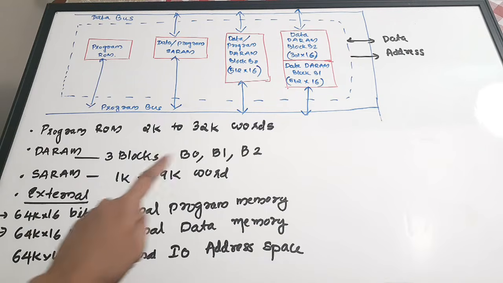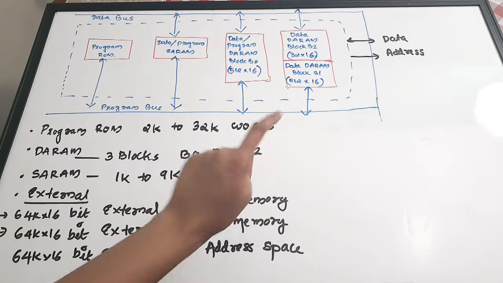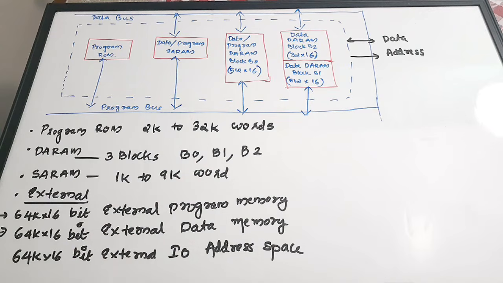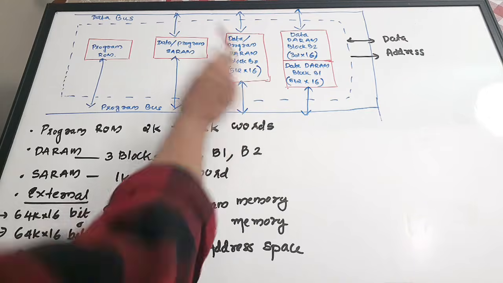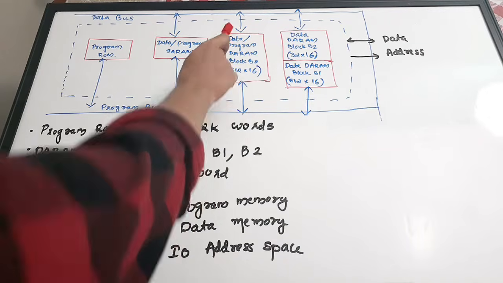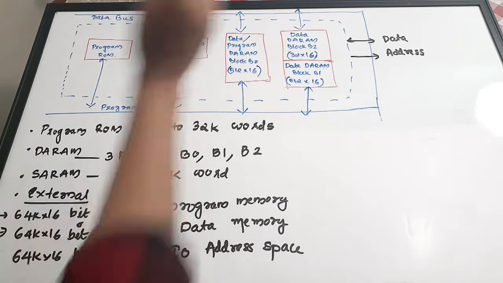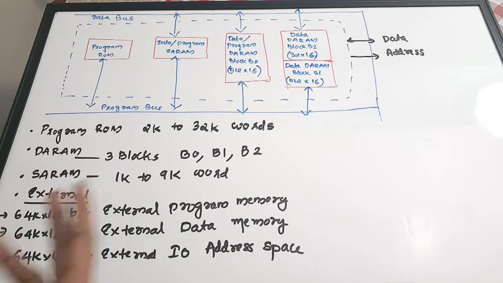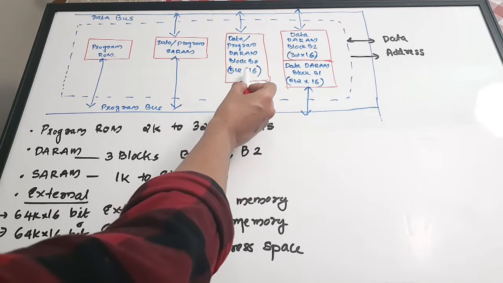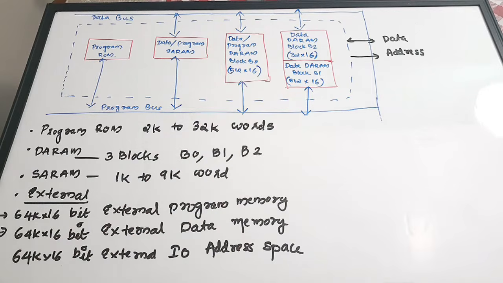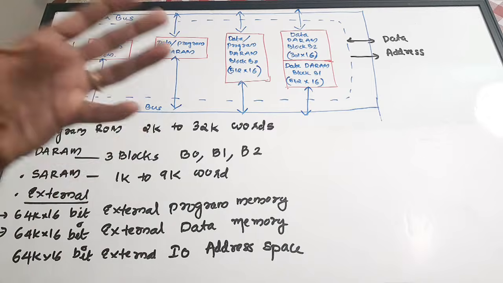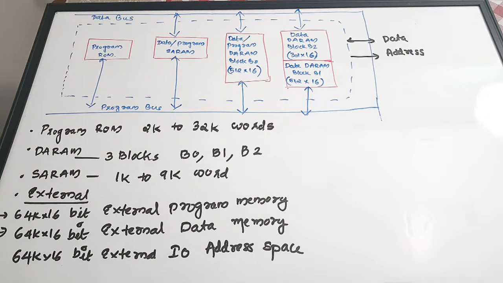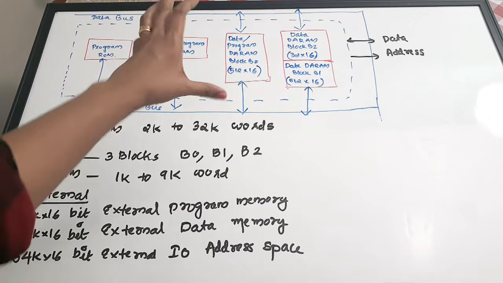First let us discuss block 0. Block 0 is data/program DRAM, which means it can store either data or program. The size is 512 x 16 bits, that is, it can store 512 words. So that is all about the block 0 DRAM.